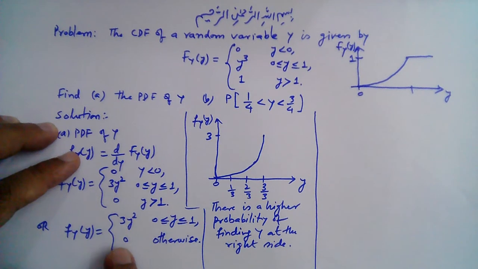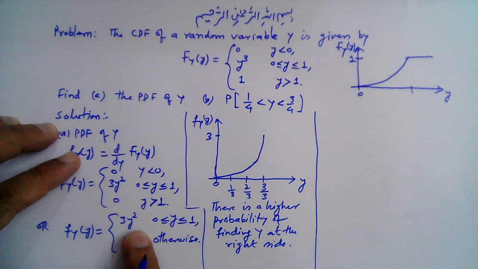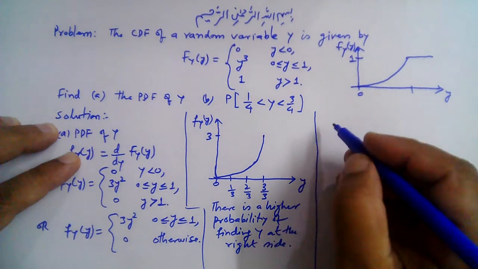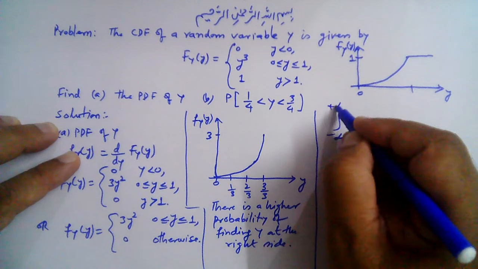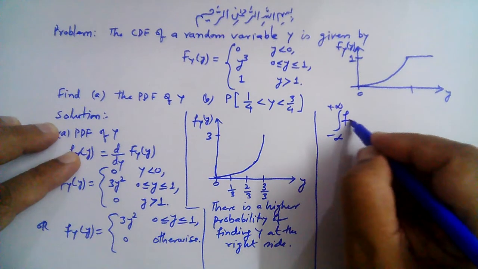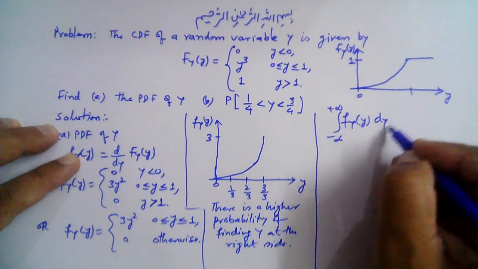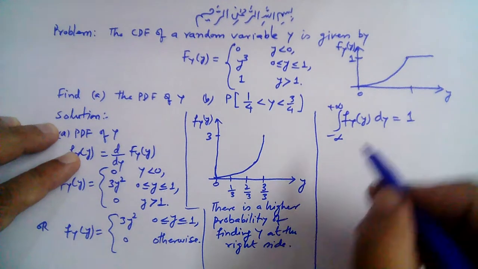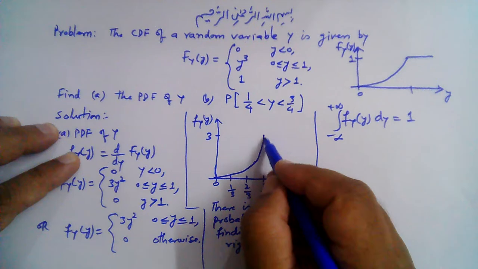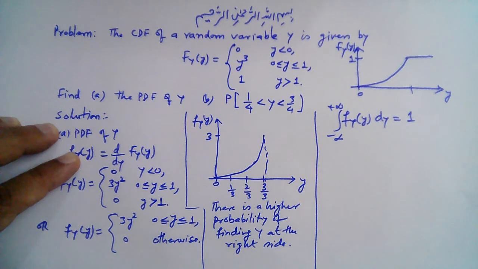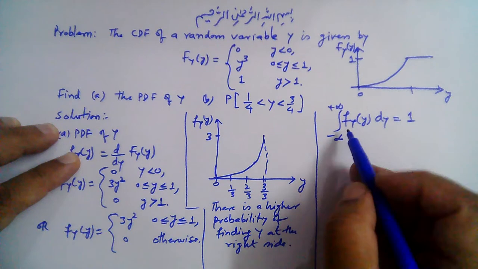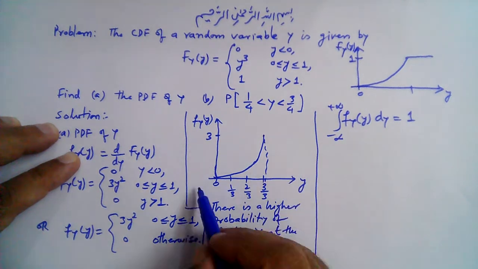Furthermore, we can test whether this is a valid probability density function or not. For a valid probability density function, the integral from minus infinity to plus infinity is equal to 1. The total area under this curve should be 1. We note that from minus infinity to 0, this is 0.